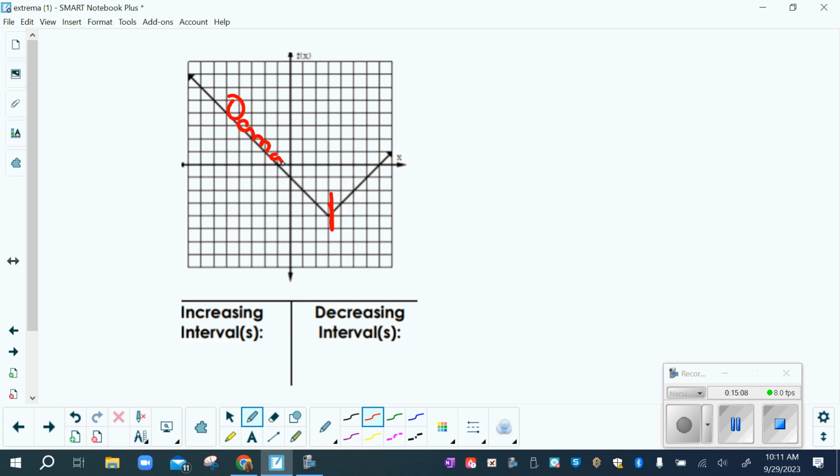I swear I have to do that. I think it's a spatial thing. So negative infinity, down, down, down, all the way to 3. Once I hit 3, my little roller coaster starts going up all the way to heaven.